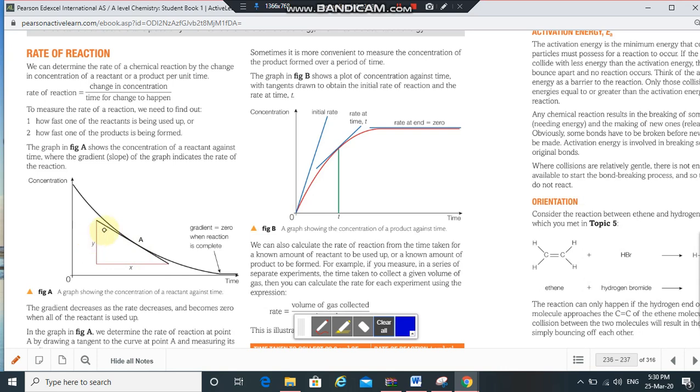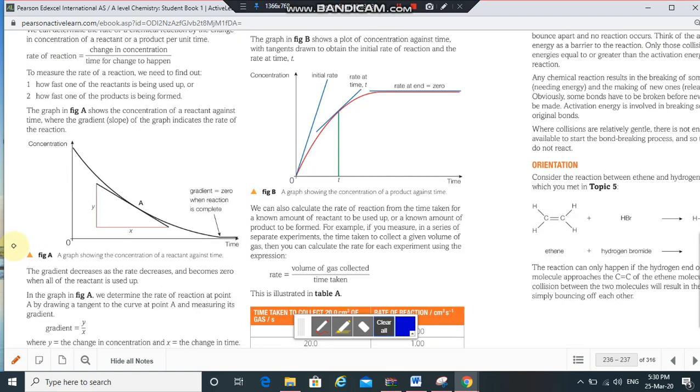You will find the difference between 2 points on the y-axis divided by 2 points on the x-axis for the tangent, not the curve. This value gives me the gradient for the curve, and we can assume it is the rate of the reaction at a given time.